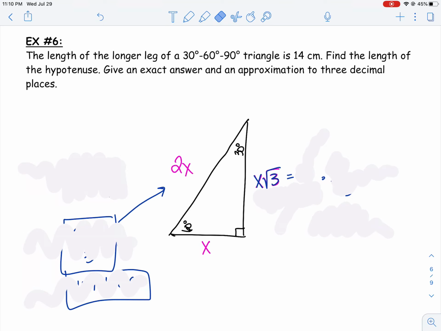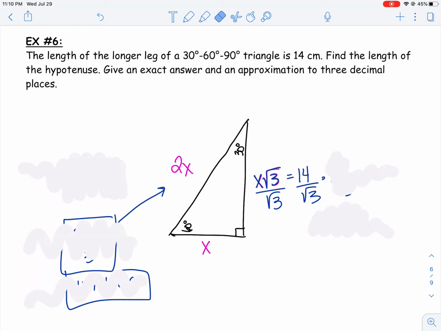Okay, what does it say? It says the longer leg, so not the hypotenuse and not the leg across from the 30, but the leg across from the 60, is 14 centimeters. So I can set up an equation that says that side, 14, also has the relationship of x times rad 3, right? And so I have an equation that says x rad 3 equals 14.